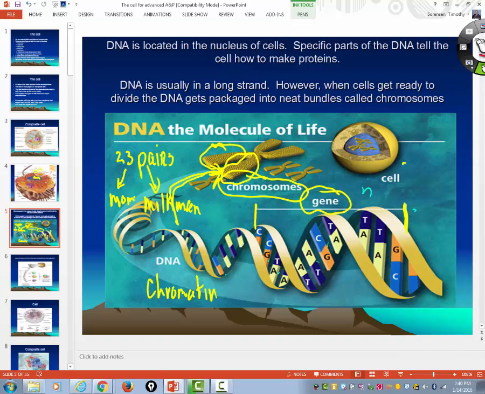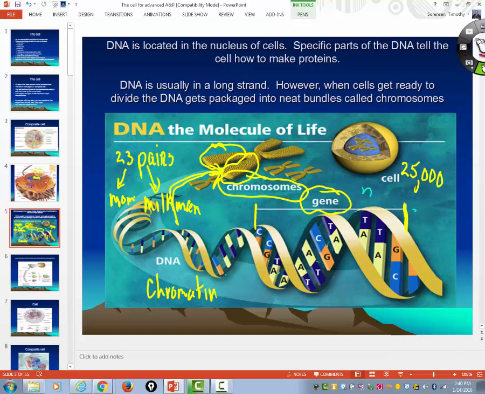And there are over 25,000 individual genes that make up the human genome, the entire strand of DNA. Now, this is really important. Every cell that has a nucleus contains all the genes to make all the proteins in the body.